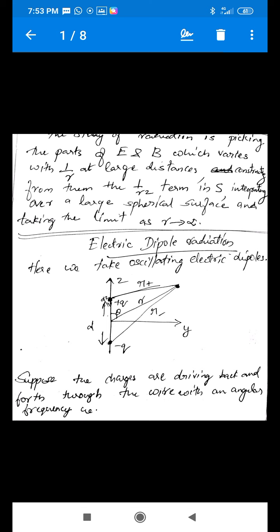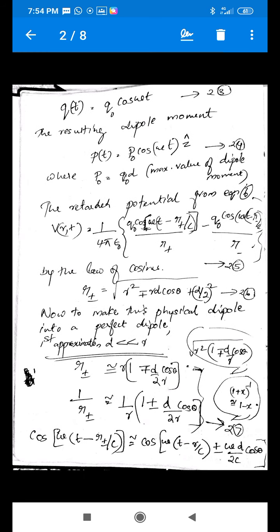So minus q is minus q0 cos omega t_r, and t_r here is t minus r minus by c, divided by r minus. I hope you understood. So this is the retarded potential, which is the scalar potential. First we need to find the scalar potential V of r, t, isn't it? So we have written that.